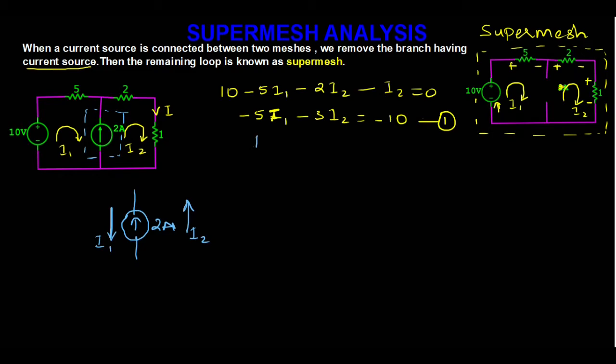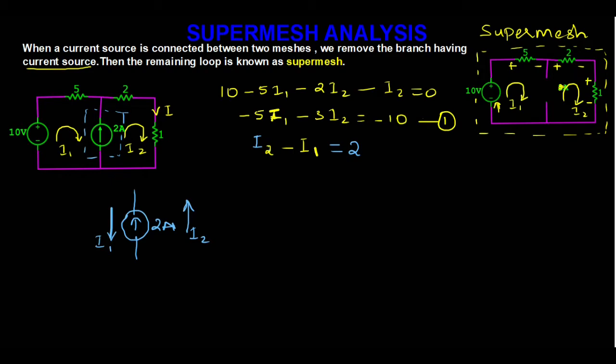The second equation is I2 minus I1 equals 2.